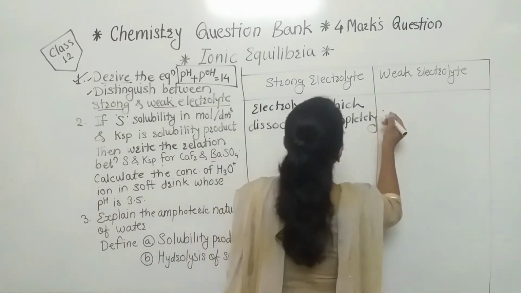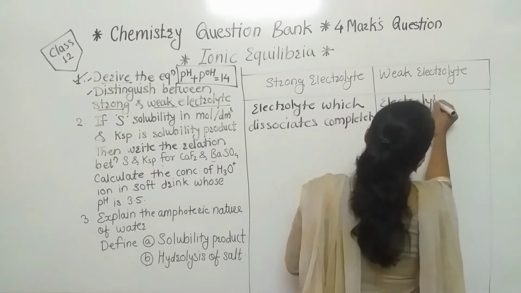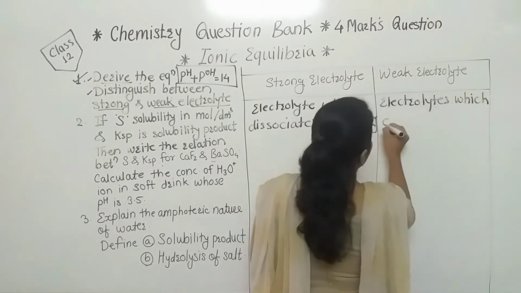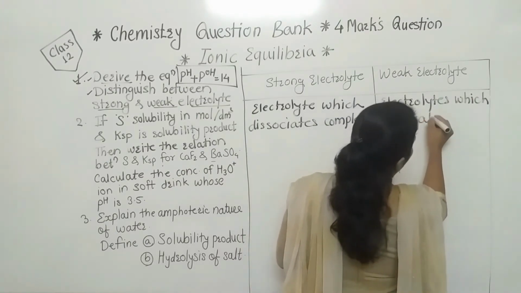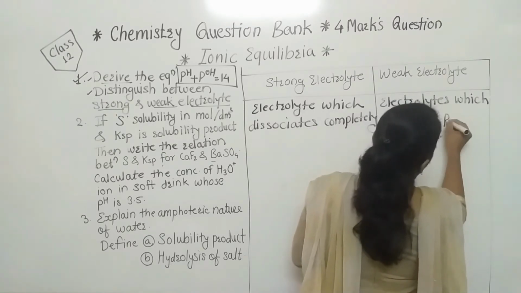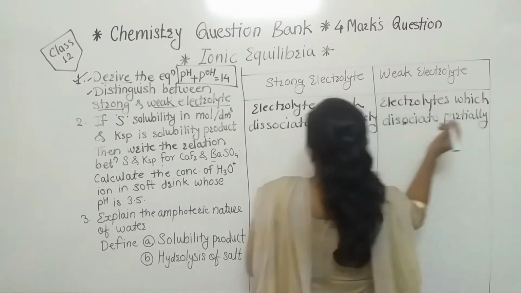And if we consider weak electrolyte, the electrolytes which dissociate, ये भी dissociate होते हैं, पर कैसे होते हैं वो partially dissociate होते हैं, and that is nothing but the weak electrolyte.